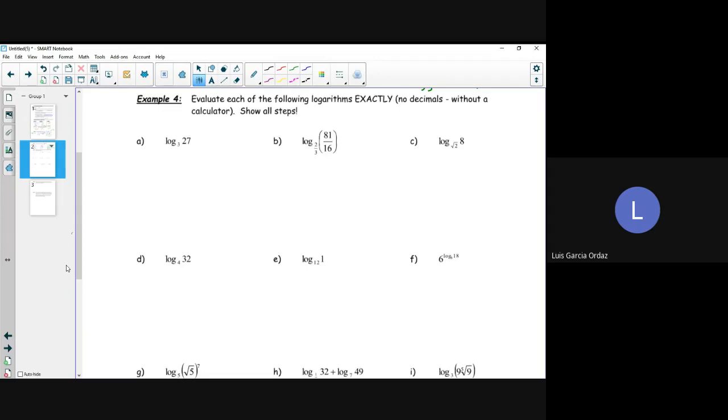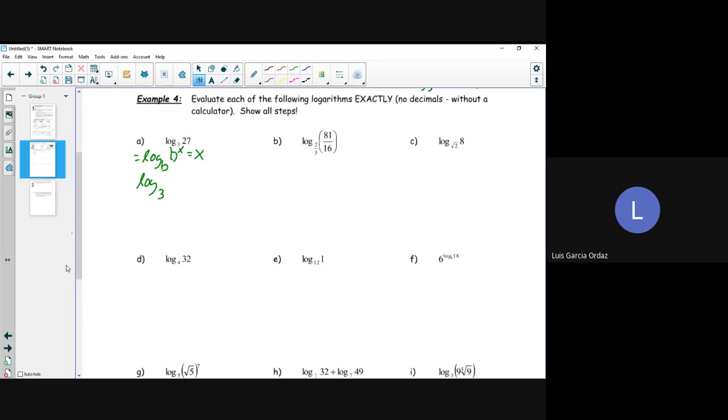So remember, we want to use the properties that were given to us today. So you can use log base b of b to the x is equal to x. So we can use log, in this case, base 3.